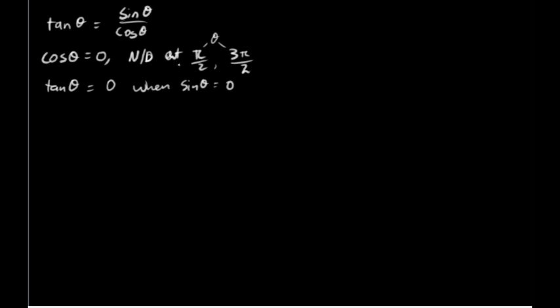Because we've got not defined at these two angles, these are going to be our asymptotes. Okay, asymptotes at pi on 2 and 3 pi on 2.